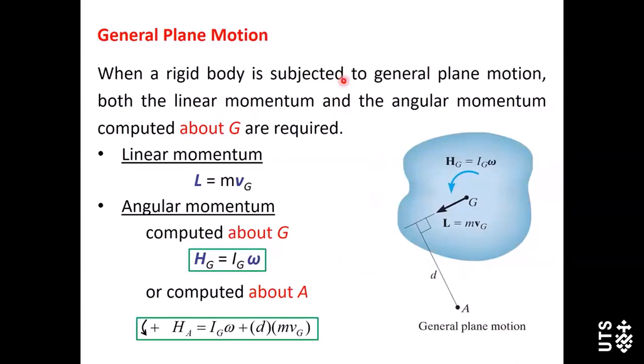In general plane motion, linear momentum is still mvg. For angular momentum, if the calculation is about mass center point G, it will be Ig omega. But of course, we can select another point, for example point A, to do this calculation. We will have two items. One is Ig omega and another one is mvg times the distance from A to mvg.